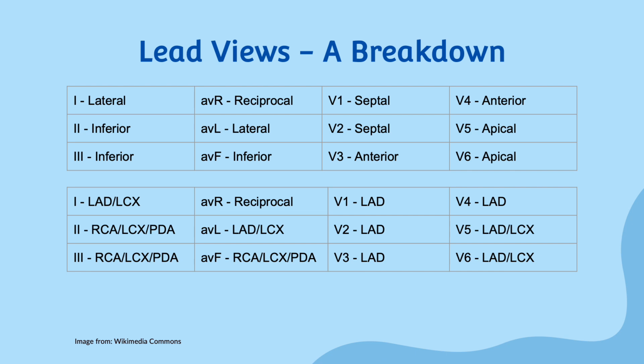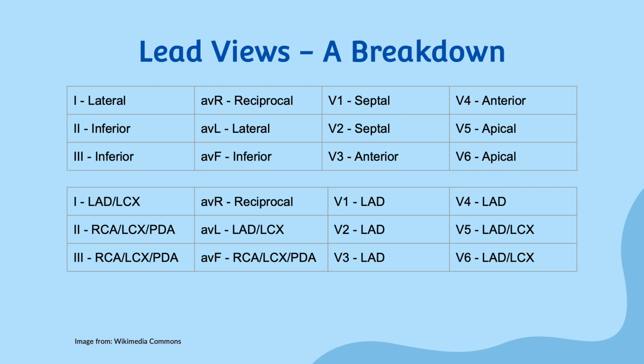As previously stated, V1 and V2 look at the septum of the heart, while V3 and V4 look at the anterior portion of the heart, leaving V5 and V6 to look at the apical portion of the heart. The most important part of all of this, however, is that each area of the heart, such as lateral, inferior, septal, anterior, and apical, are all associated with various coronary arteries as well as their derivatives.